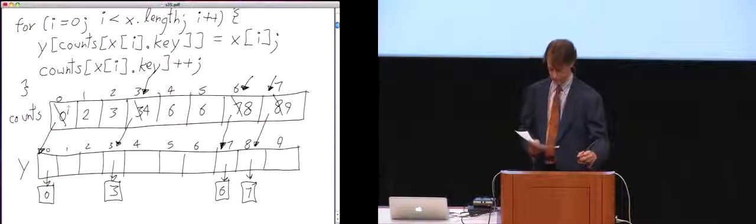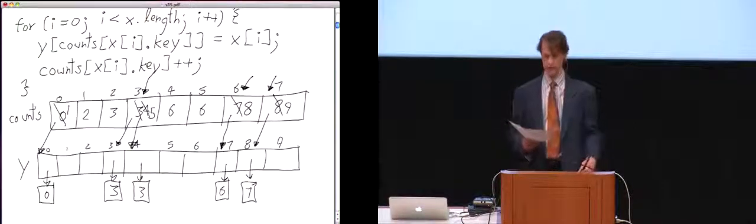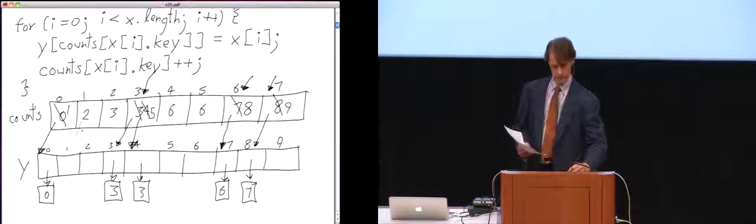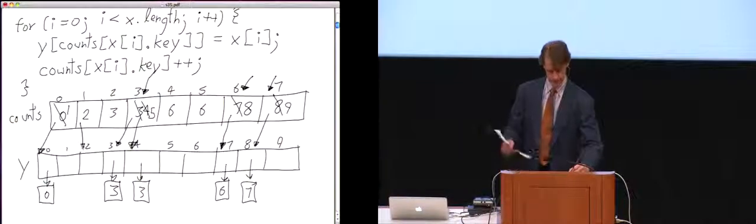And that gets incremented to 1. The next key is another 3, so this time the 3 is going to go in the 4 slot. And the 4 gets incremented to 5. The next key is a 1. So we look in the 1 box, and it says put it at index 2. And so the 1 goes at index 2.